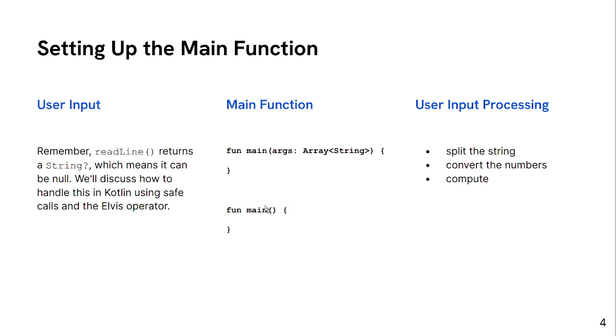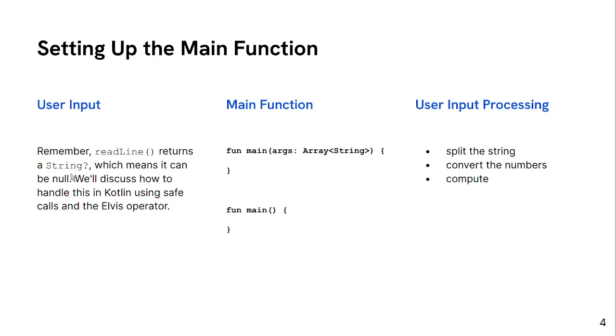And then how to read the user input. We can use the readLine function. It reads a line from the console. Considering the case that the user may close the console input stream directly, readLine returns a nullable string.